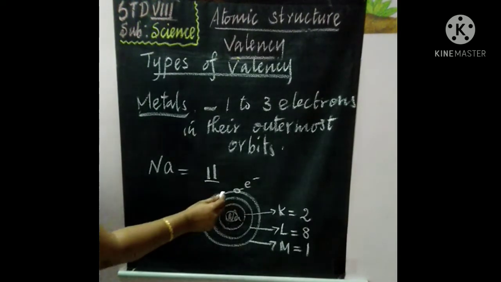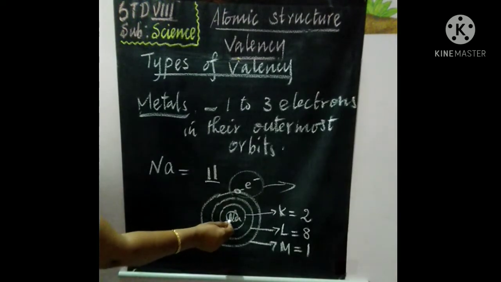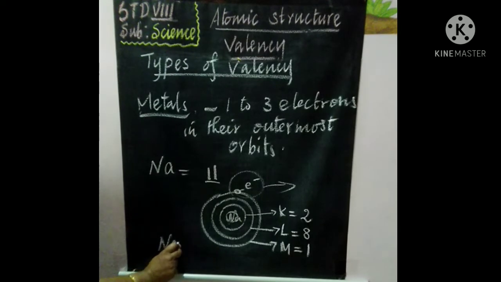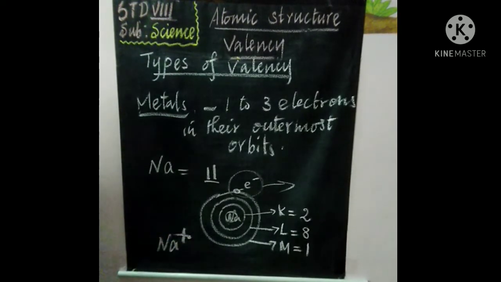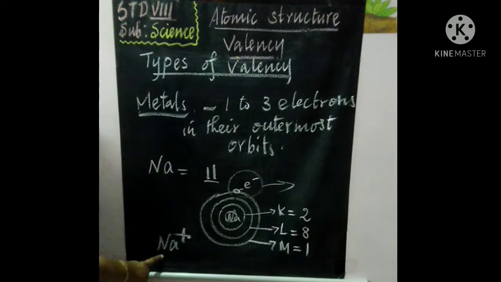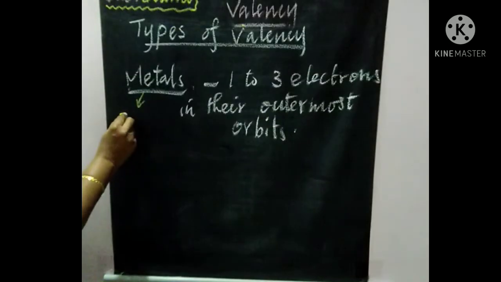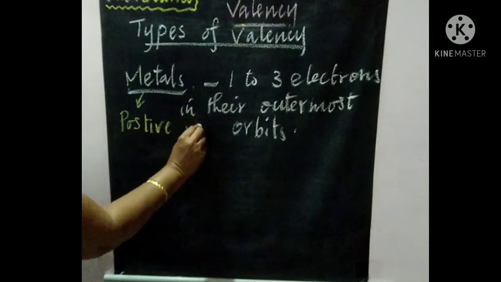When it combines, it loses this electron and the number of protons remains the same. So sodium has a positive valency. We'll see one example for negative valency. Understand, metals gain positive valency.